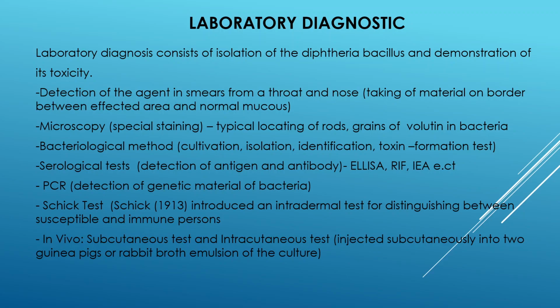Now we don't use it, because laboratory techniques give full information about biochemical, morphological, and antigenic properties of Corynebacterium diphtheriae. In vivo subcutaneous and intracutaneous tests were also used for laboratory diagnosis.